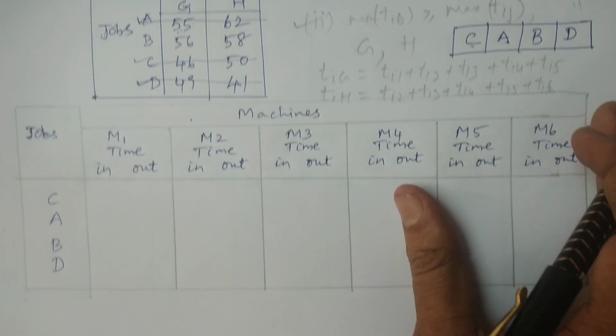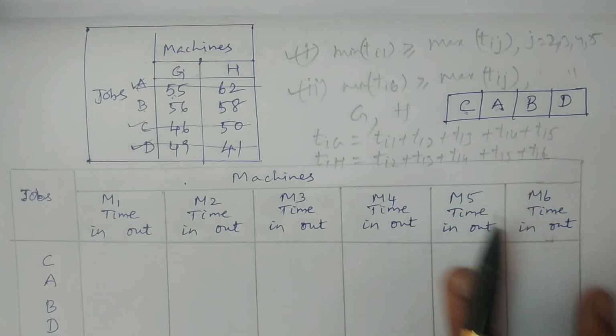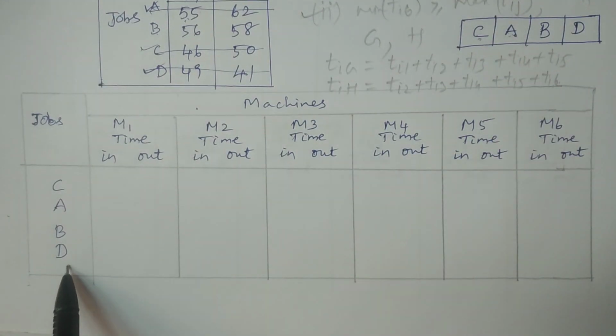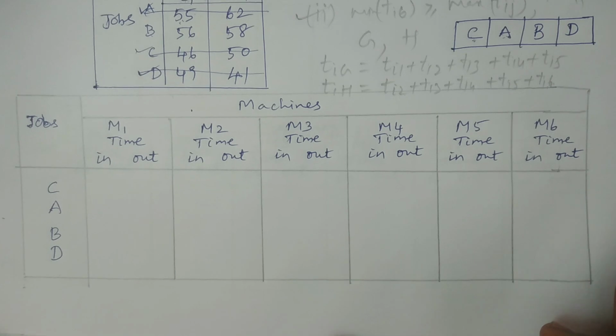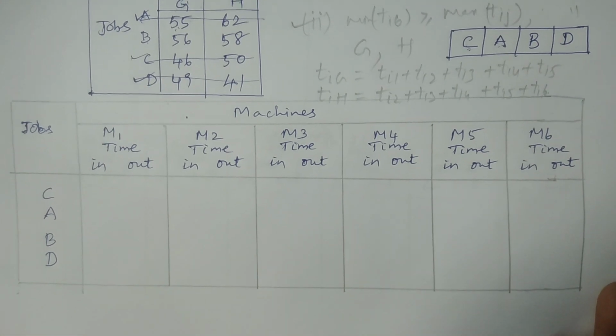Then we have considered the optimum sequence here to calculate the total elapsed time and all time ins and time outs of each and every machine. Clear? Now I start the calculation for the time in and time out.